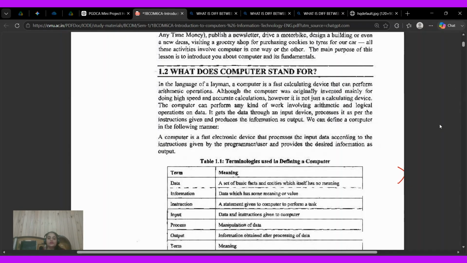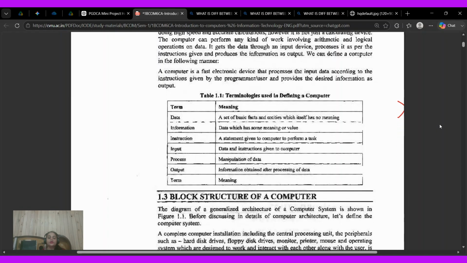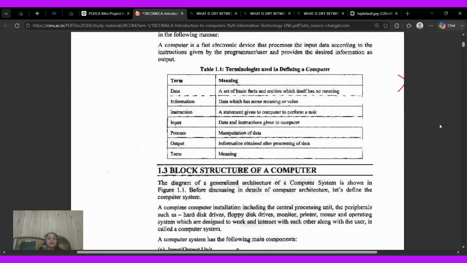Some terminologies used in computer: data. What is data? A set of basic facts and entities which by themselves have no meaning. If you write 2 plus 3 and want the answer, that is the data itself, it has no meaning until you enter it into the computer and it gives you the proper answer.